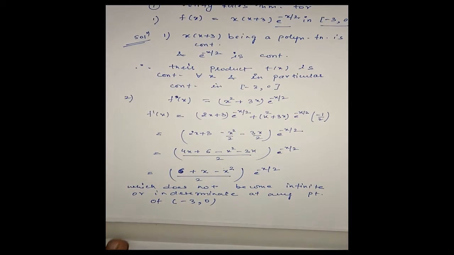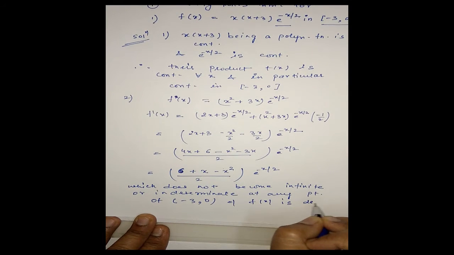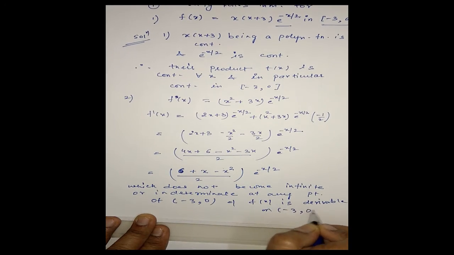This implies f(x) is differentiable or derivable on (minus 3, 0). This is the second condition of Rolle's theorem.